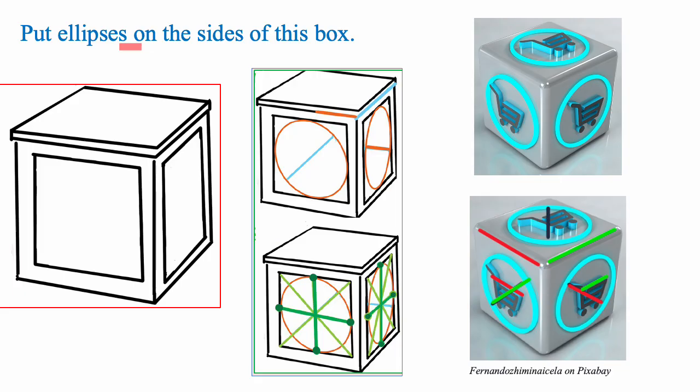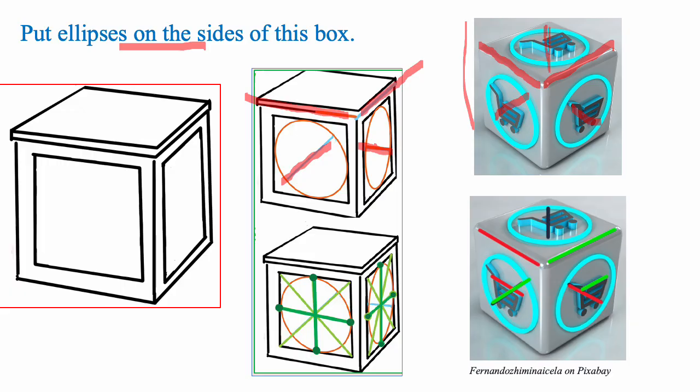How would you put ellipses on the sides of this box? Well, this ellipse, its minor axis goes to the right vanishing point along with this line, and this minor axis on the right goes to the left vanishing point along with this line. This example is drawn correctly because we see this minor axis goes with this, and this minor axis travels in the same direction as this, and the one on top has a vertical minor axis.